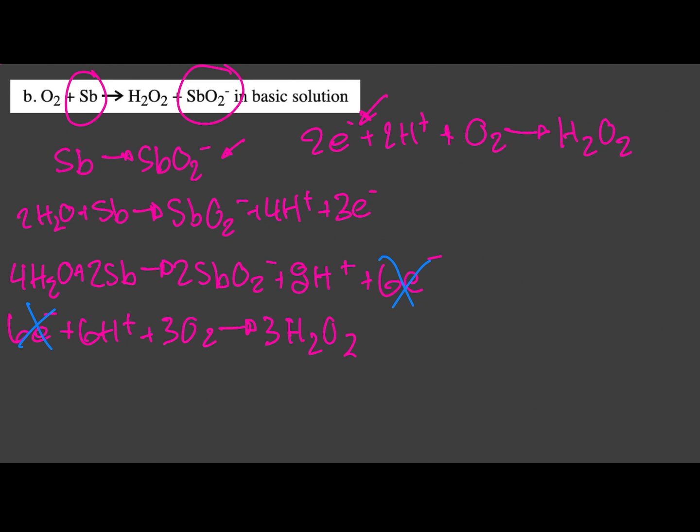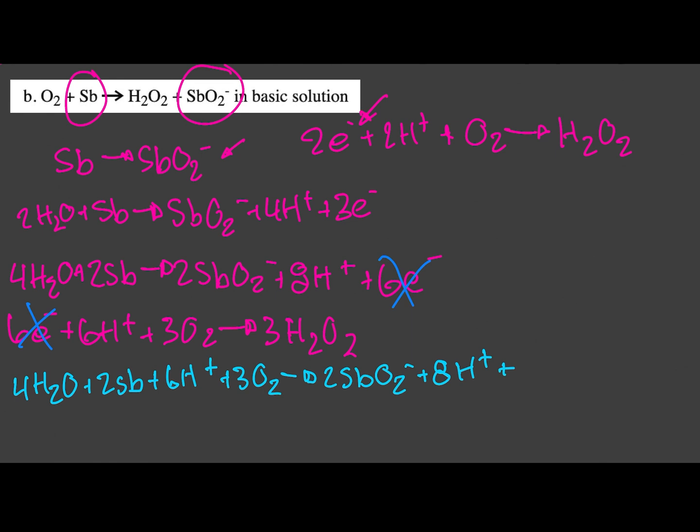From here, we start to add these, and so we got 4H2O + 2Sb + 6H+ + 3O2 goes to 2SbO2- + 8H+ + 6e-. Or no, we got rid of the electrons, so we don't even have to worry about that.